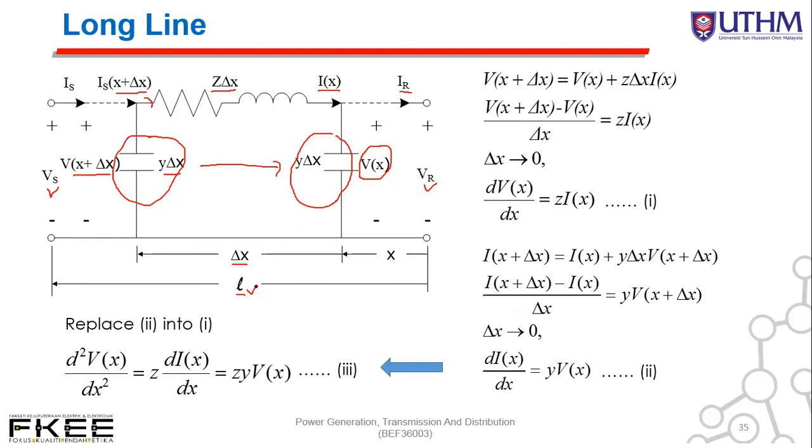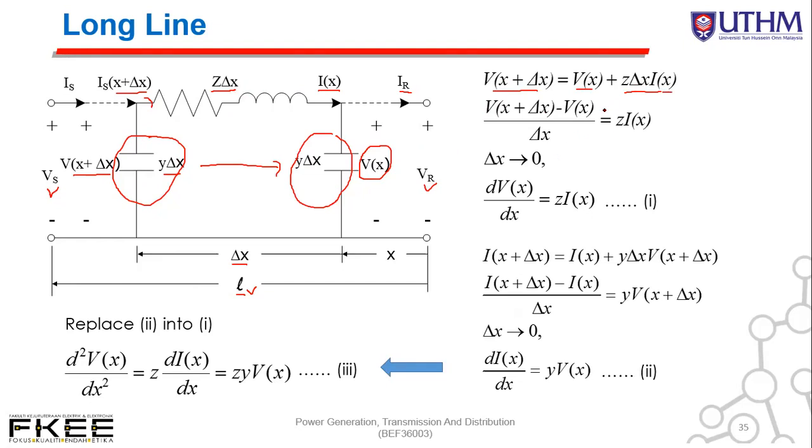Okay, so from this circuit we can make the first equation. At this point, V at x plus delta x, in series, is nothing but Z delta x Ix plus Vx. So Vx is here, and Z delta x Ix is the voltage across the transmission line.